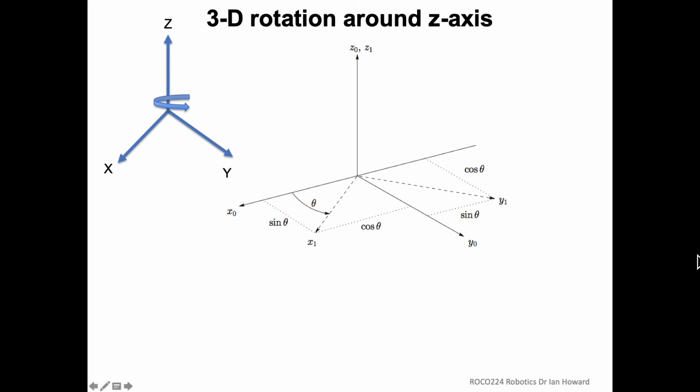The x and the y projections are just exactly as we said before. If we rotate around z, then obviously nothing changes in z. We're not moving any of the values in z, so z1 projects completely onto z0.